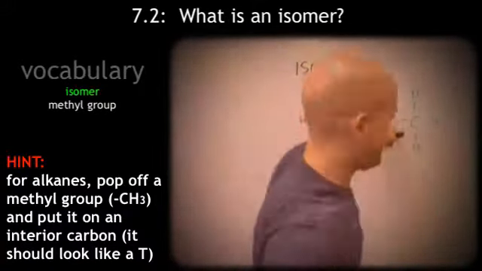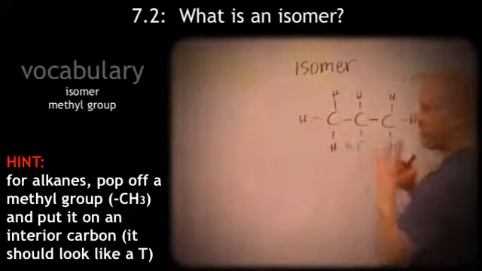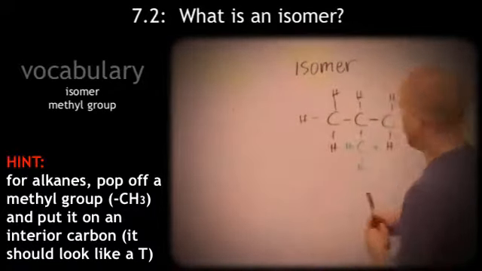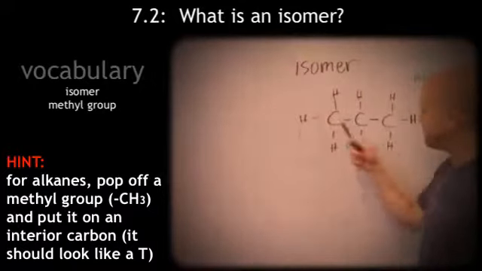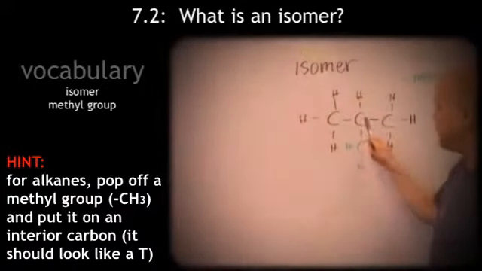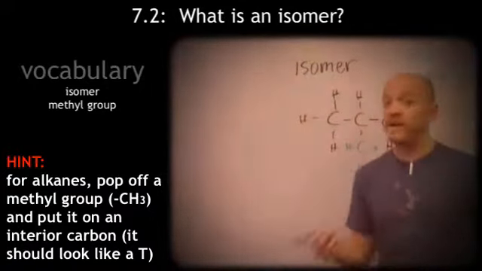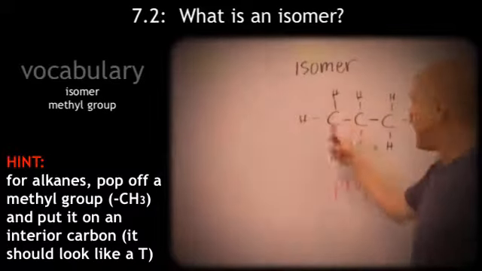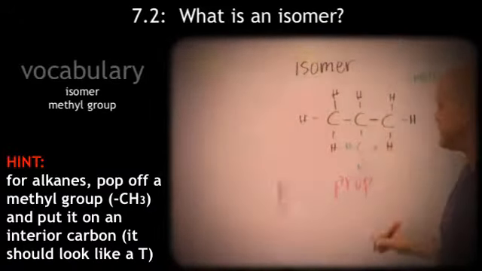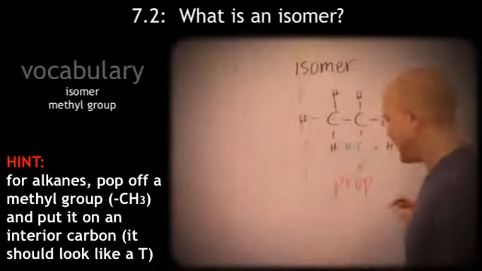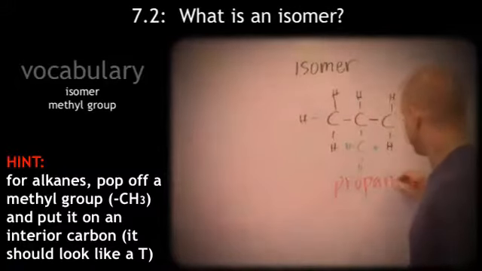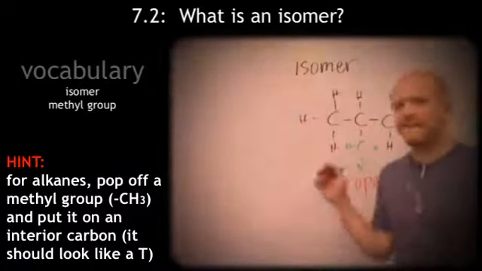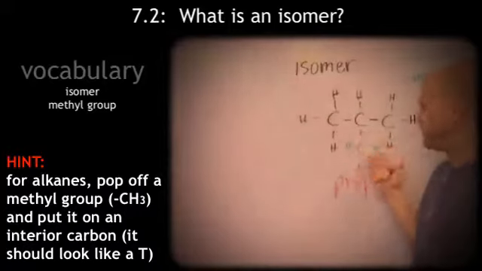Now, when we name these, we want to figure out the longest backbone. Right now I have 3 carbons either way, so we know our prefix has to be prop. Because they're all single bonds, it is going to be propane. But we got to talk about what we have here on carbon 2.